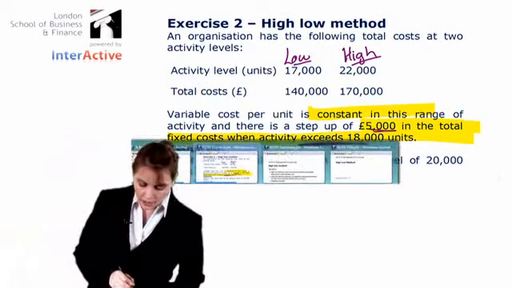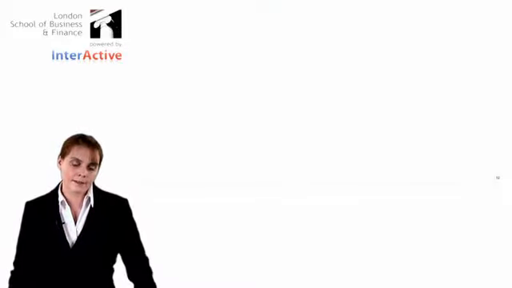When we apply the high-low method, we are making a number of assumptions. So remember, we said we are assuming a linear relationship between our total costs and our level of activity. So we're assuming that all of the change in total cost is because of the change in the activity level. In this question, we've been told that not all of the change in cost is because of the change in activity level. Part of the change is because of this step up in our fixed costs.